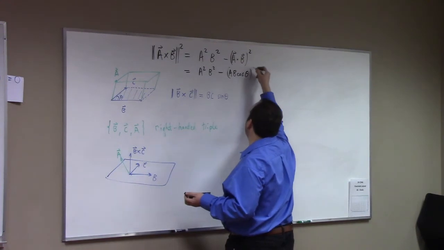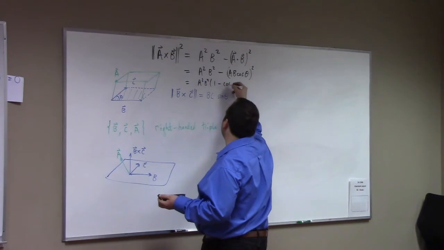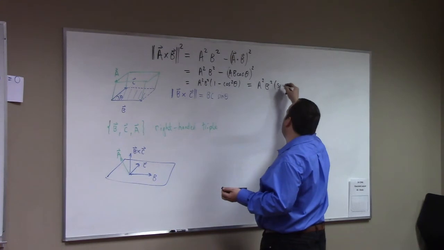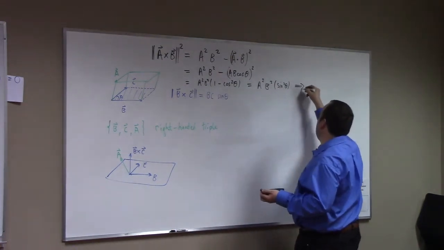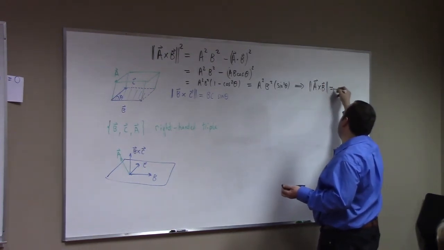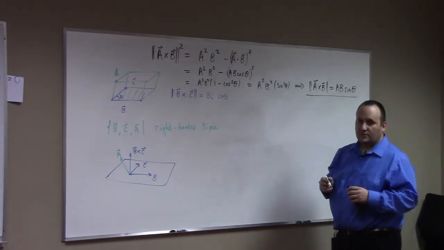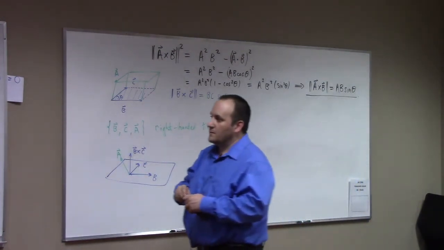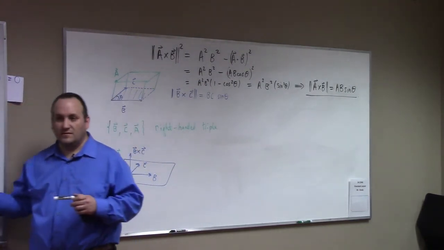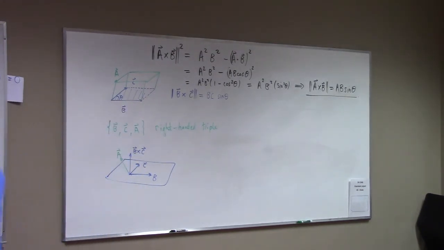Once you write that down, it's not surprising that we've got A squared, B squared times 1 minus cosine squared theta, which is A squared, B squared times sine squared theta, which gives me that the magnitude of the cross product is AB sine theta. So if you go through the work to prove that A dot B is AB cosine theta, and you can prove Lagrange's identity, then you get the parallelogram formula for the cross product.